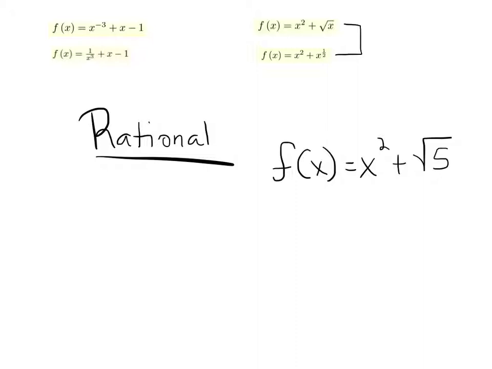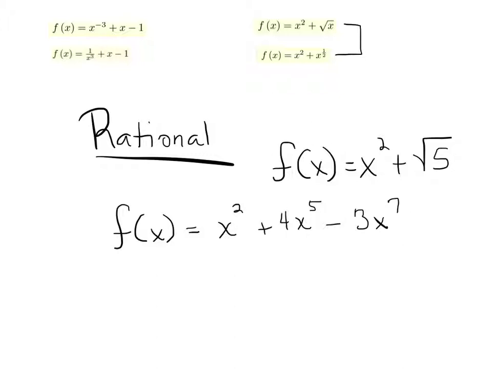Now, as for the second part, you have whether or not it's in standard form. Let's say you have f of x equals x to the second power plus 4x to the fifth power minus 3x to the seventh power. This is not in standard form, because in standard form you have to have the highest degree first.